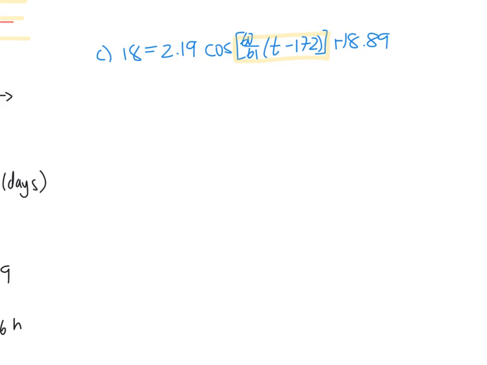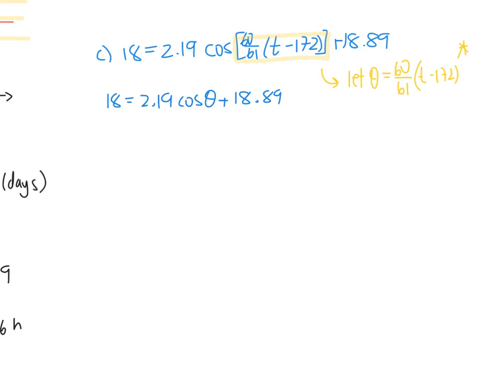So momentarily, we're going to make our life a little easier, and we're going to replace that overwhelming part with just a theta. And it will come back, but we're going to do this just to make it a little easier for ourselves, and you'll see why in a bit. So I'm just going to say, let theta equal 60 over 61 t minus 172. And we'll have to remember this for later on. So I'm going to rewrite this as 18 equals 2.19 cos theta plus 18.89.